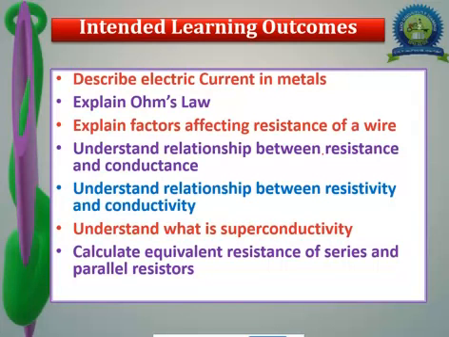So very quickly, the intended learning outcome for today's lecture is that at the end of this lecture, you should be able to describe electric current in metals. Metals are basically conductors. You should be able to explain Ohm's law, explain factors affecting resistance of a wire, and understand the relationship between resistance and conductance.